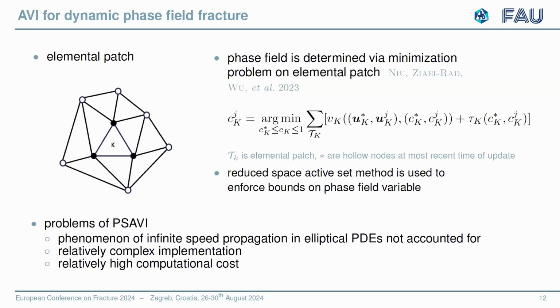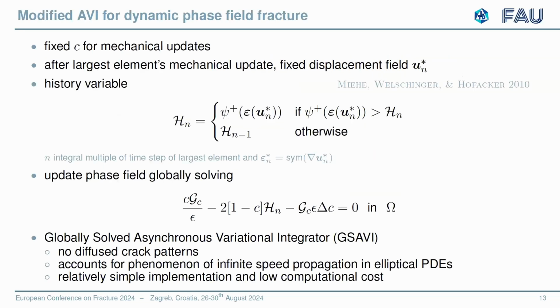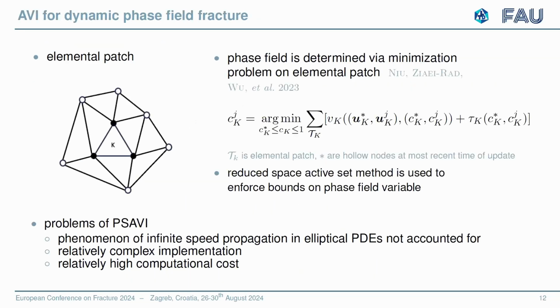But there is a fundamental problem in this approach, which I would like to present. Here it says the surrounding affects the phase field value here. But in an elliptical partial differential equation, when there is any perturbation in the domain, that perturbation should travel at infinite speed throughout the domain.